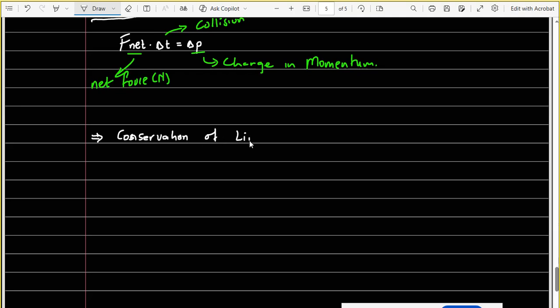The total linear momentum in an isolated system remains constant. When we talk about an isolated system, we are referring to a system with no external forces, such as friction and applied force.